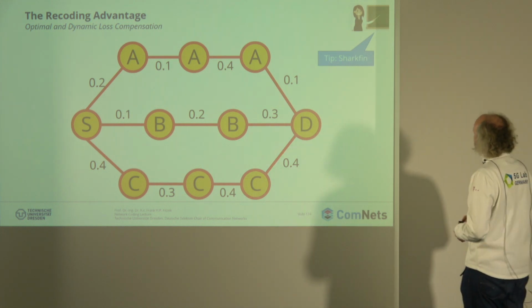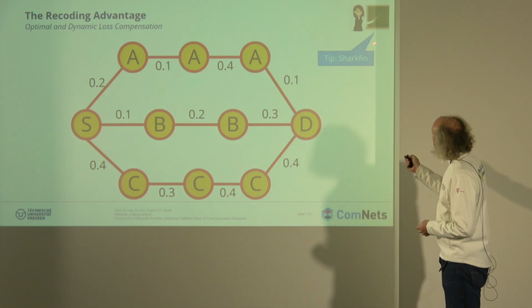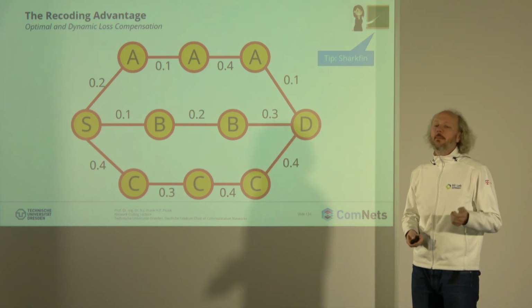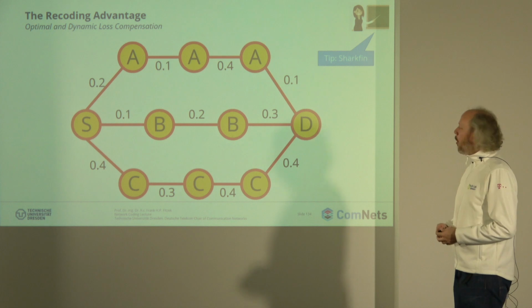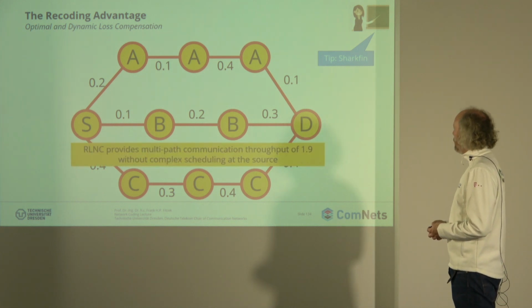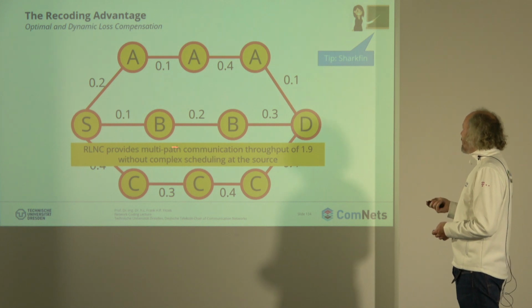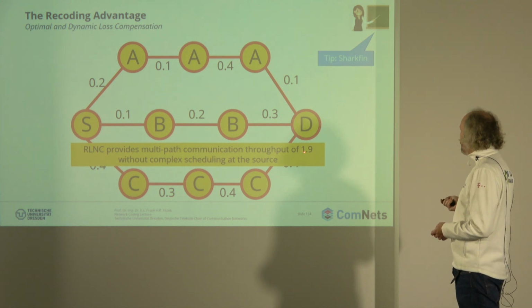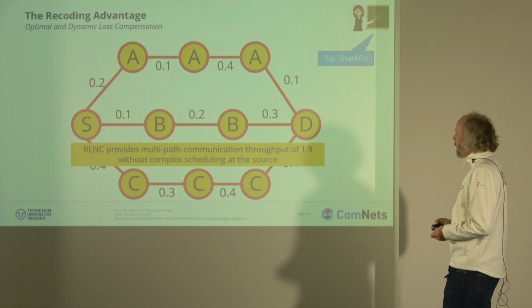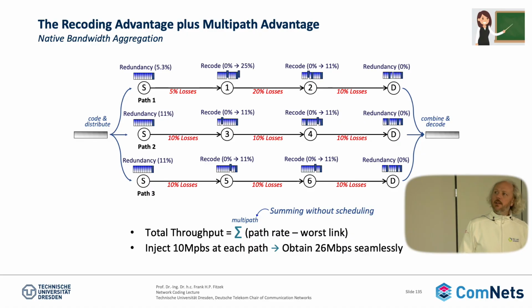So I think, therefore, if you see the symbol of the nice lady in the whiteboard there will be some exercise for that later. Right? Or you can find it on the notebook that we created for you. So you get this kind of throughput here, 1.9, and even without complex scheduling at the source. I will tell you later about this.